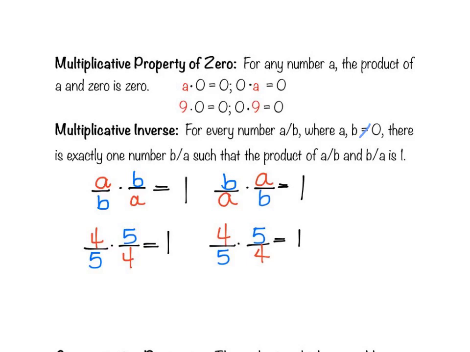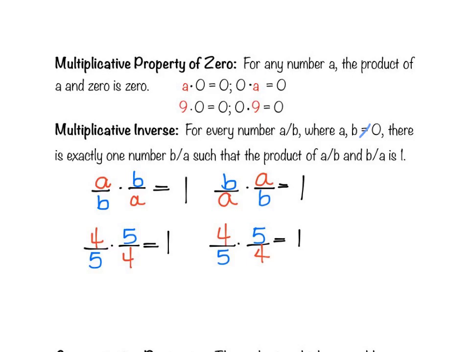Multiplicative inverses, you also can call those reciprocals. So the reciprocal of a over b is b over a. So when you multiply a quantity by its reciprocal, also called its multiplicative inverse, or its opposite, the product equals 1.